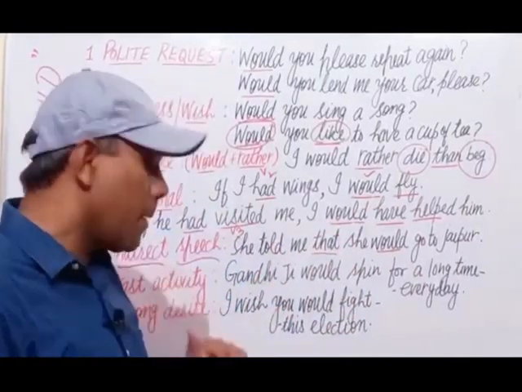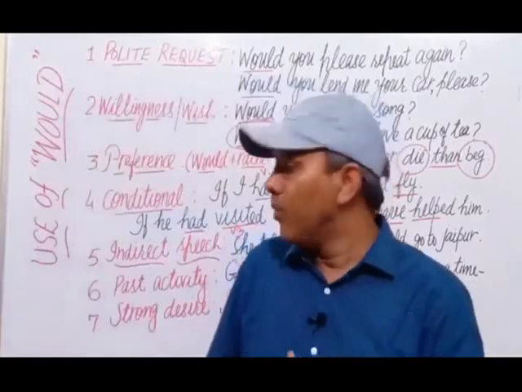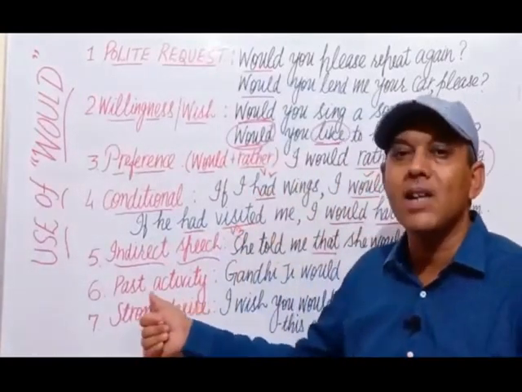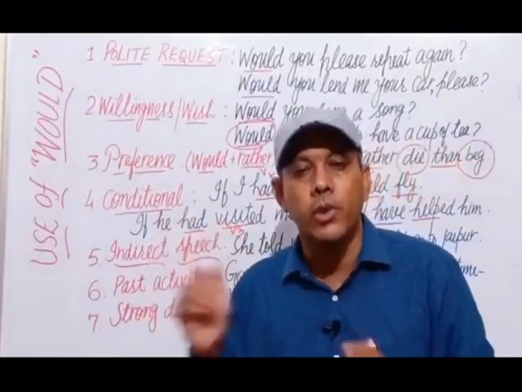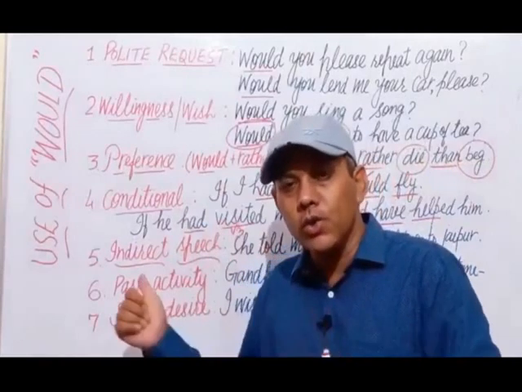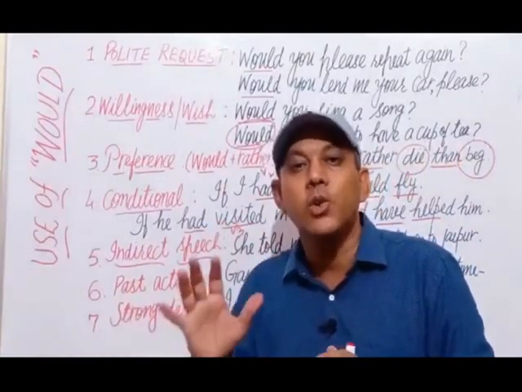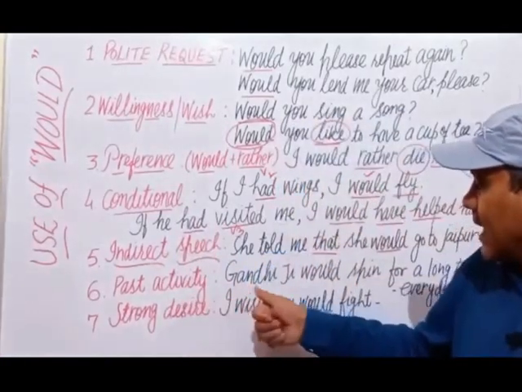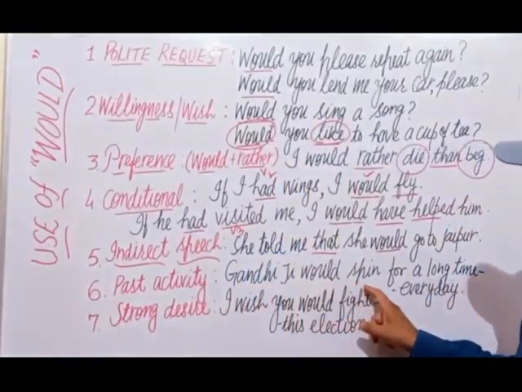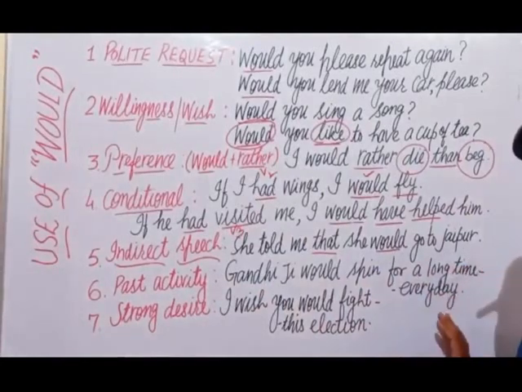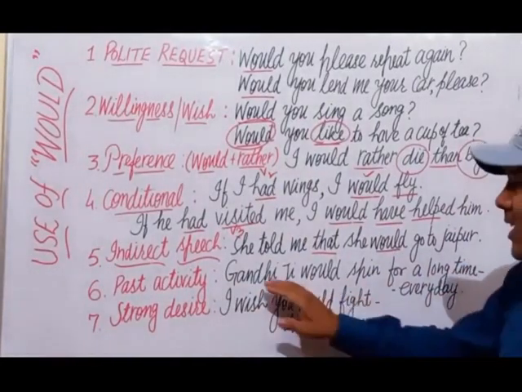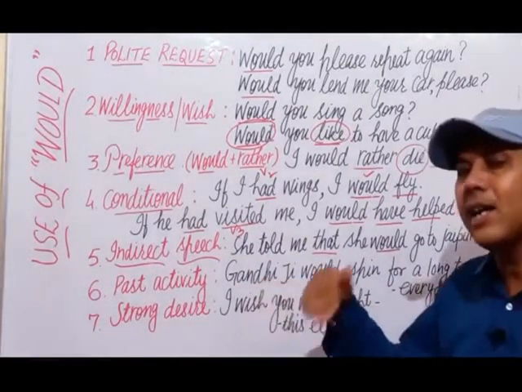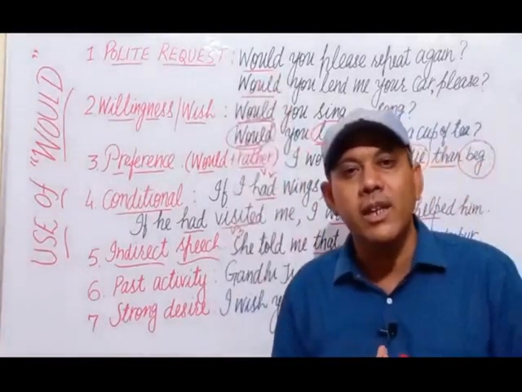And the next is past activity. For a past habit or past action, we use would. We also use used to for a past action. Let's take an example. Gandhiji would spin for a long time every day. Gandhiji, as we know, died in 1948.